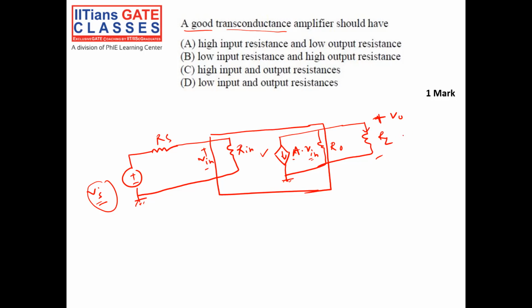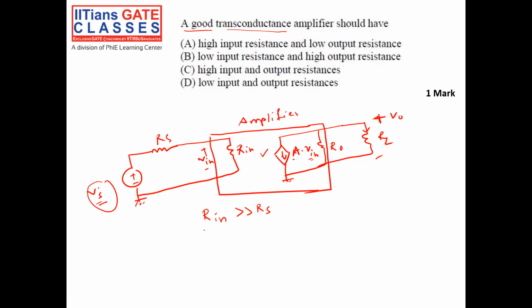This is my load. Since I want almost all of my source voltage to come into the amplifier input, I want my Rin to be very high compared to RS. Then only it will take almost all of my source voltage into the input of my amplifier.